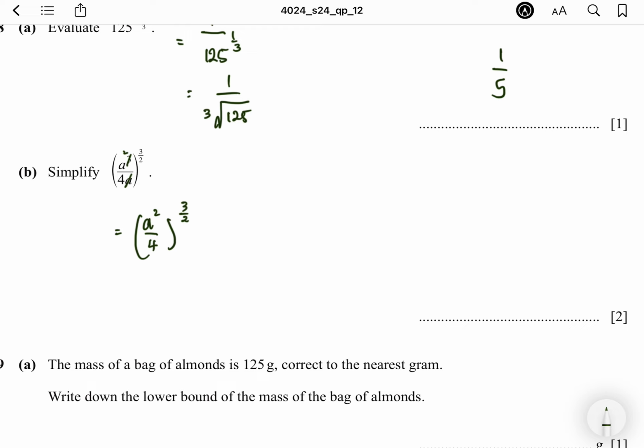Okay, again the fractional index, the numerator is the power, the denominator is the root. So teacher buat root dulu. A square over 4, powernya 3. Ni dalam kepala pulang ni, tapi teacher write it down lah.